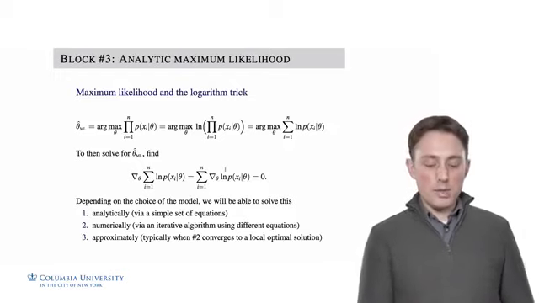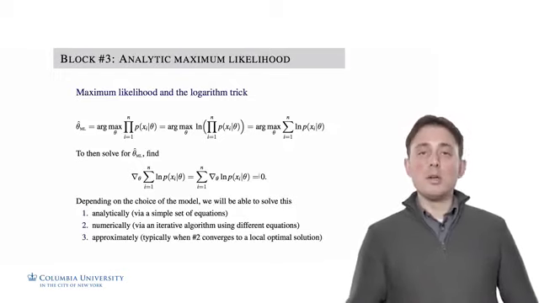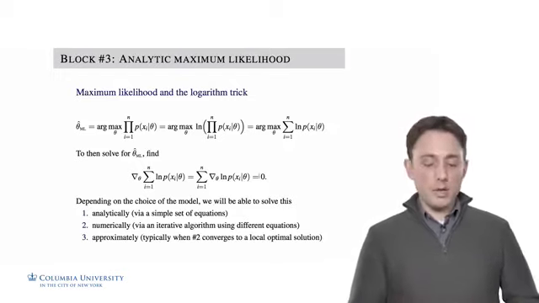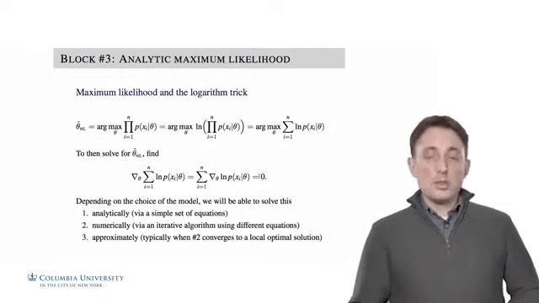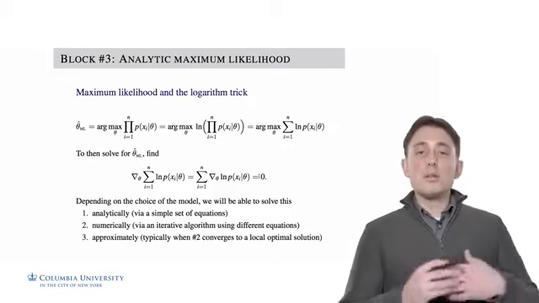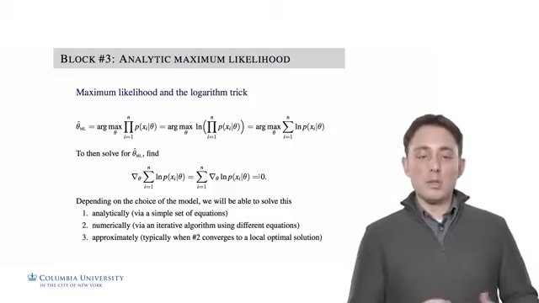We can't take the derivative and set it equal to 0 and then solve for the value of theta at which that equality holds. So we have to do something with a numerical algorithm.